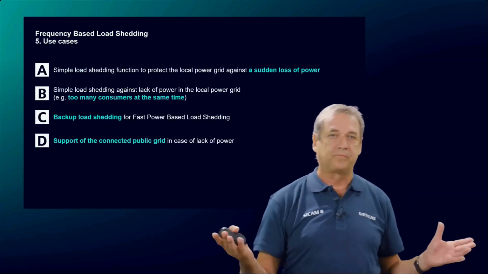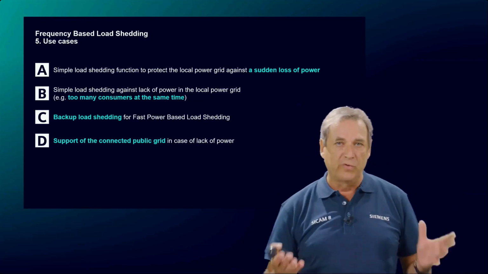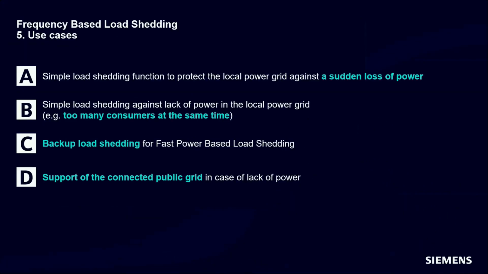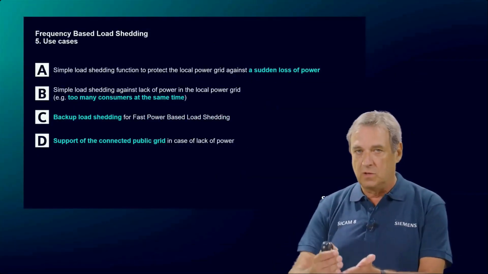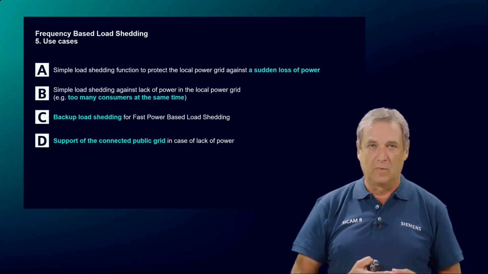Let's focus now on typical use cases of frequency-based load shedding in industrial grids. As shown, if you only require a simple load shedding function for the protection against the sudden loss of power, then frequency-based load shedding is a fantastic solution. Or if you only need a simple protection against overload caused by too many consumers, then it's also a suitable solution.